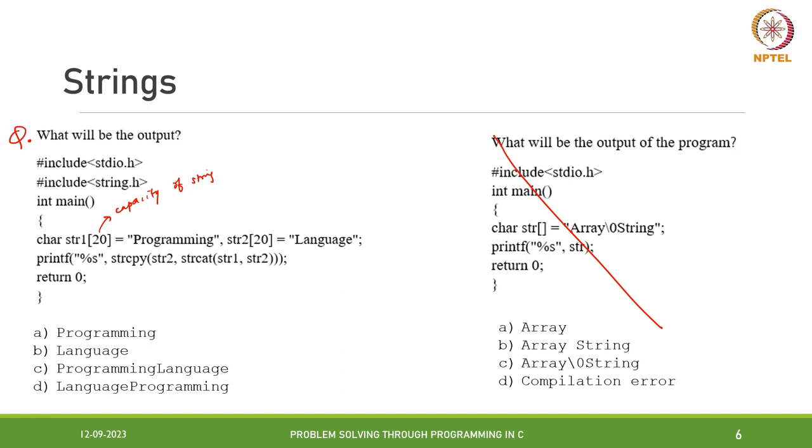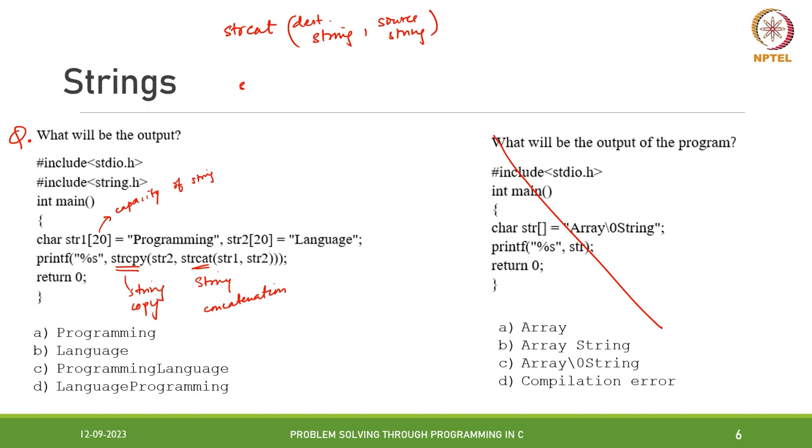Now we are trying to print it, so we are using some function here. This is called string copy, strcpy, string copy function, and this is the string concatenation function. I'll write the syntax for each of them. So how it works is something like this: destination string, source string.